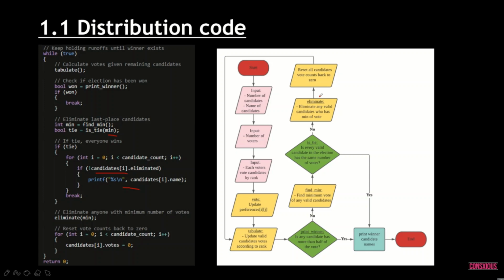So just eliminate the candidates who have the least vote count. Then in this line you can see we reset the vote count back to 0, so we reset all the candidates' vote counts to 0. Basically, this flowchart helps you understand more easily.